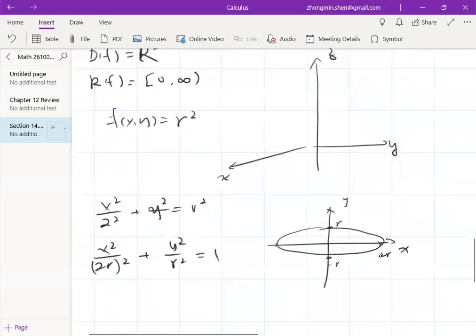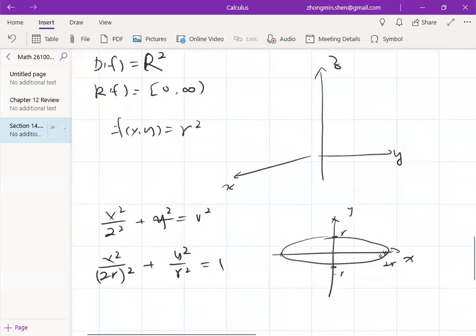So that means in three-dimensional space, if this is r squared, and I draw the plane parallel to the xy plane, there is the ellipse.